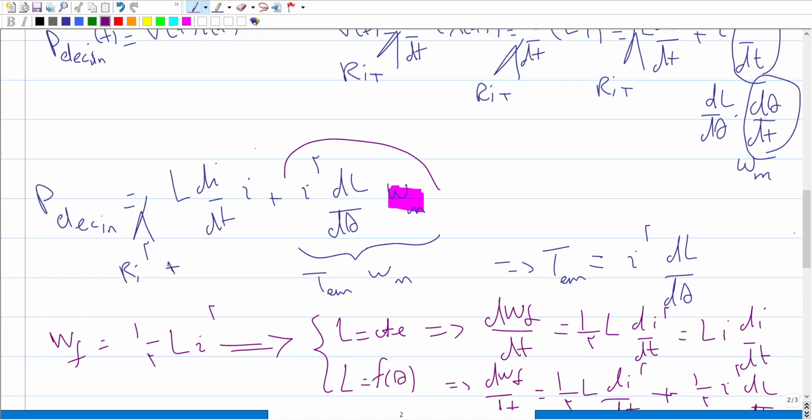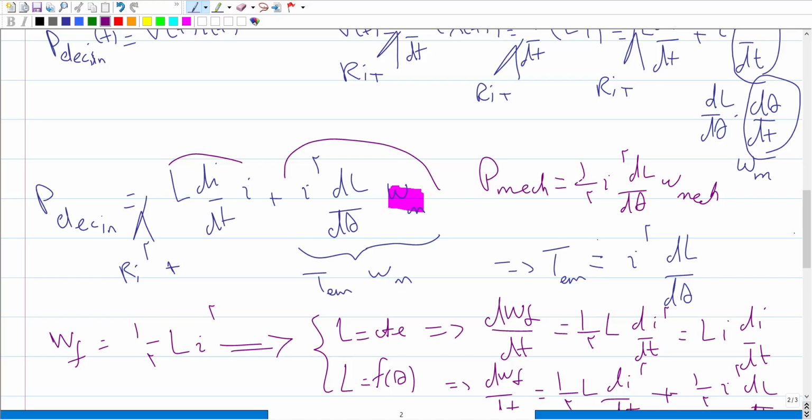Half of it is assigned to the rate of change of the magnetic field, and so P mechanical is 1/2 i² dL/dθ times omega mechanical, and so the electromagnetic torque will have the correct coefficient 1/2.